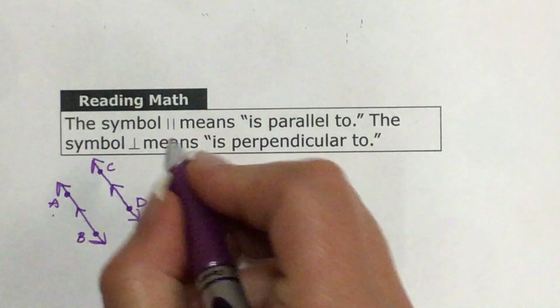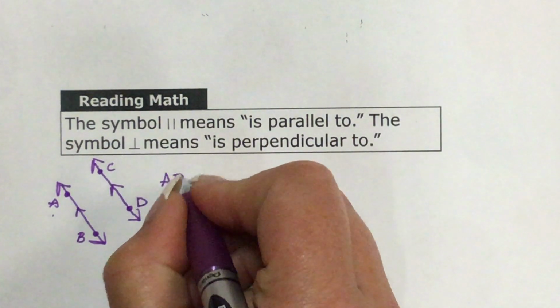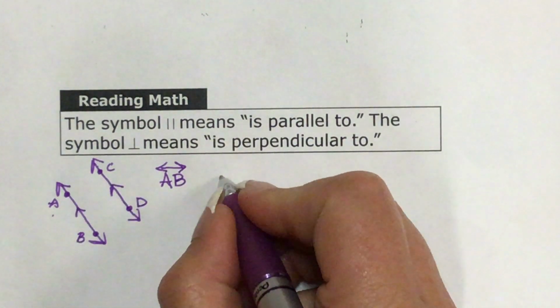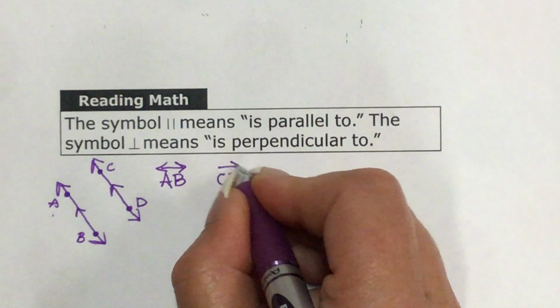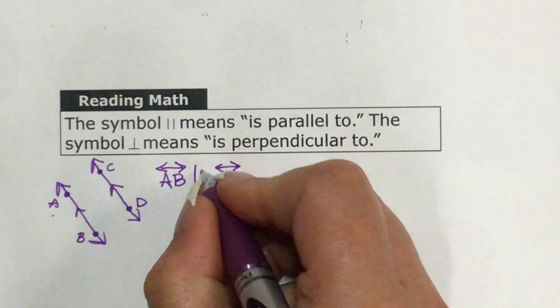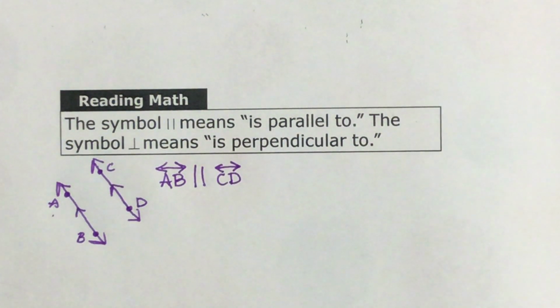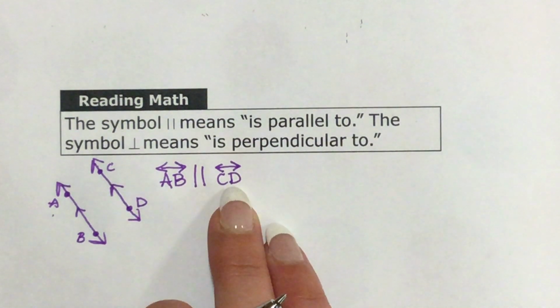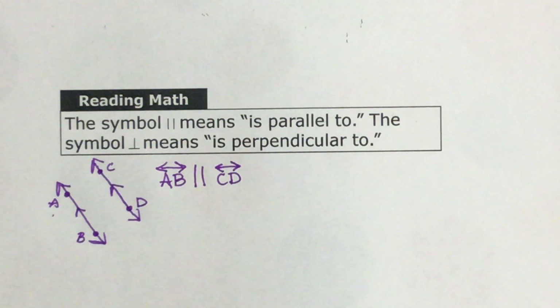I could say that line AB and line CD are parallel to each other. And that's how I'd say line AB is parallel to line CD. Okay?